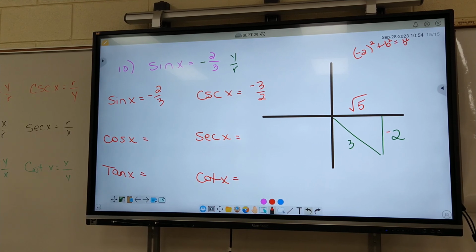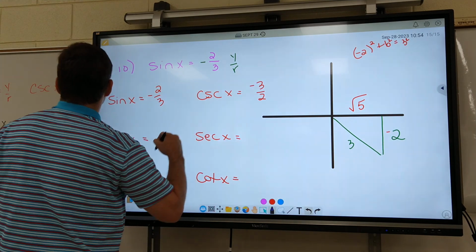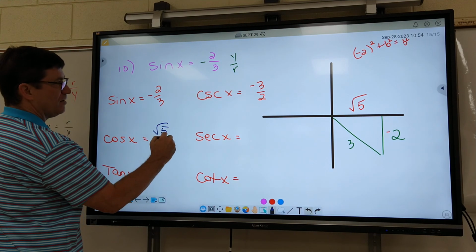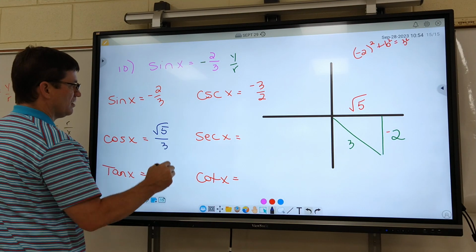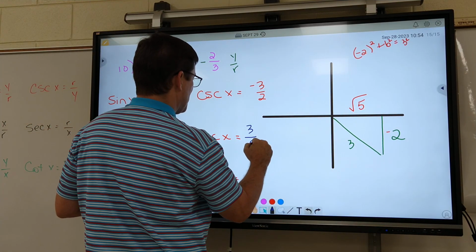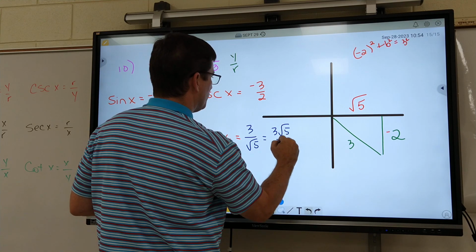Cosine's x over r, so I got √5 over 3. Flip it, that'll give me 3 over √5, but you can't leave it like that, so put it in your calculator. 3√5 over 5.